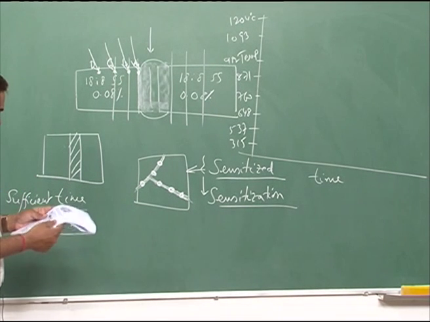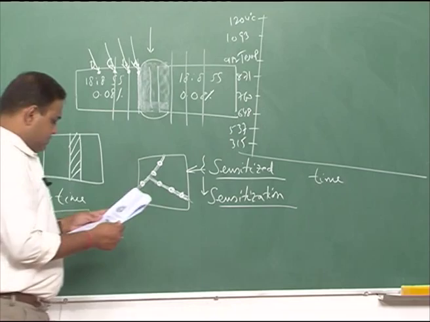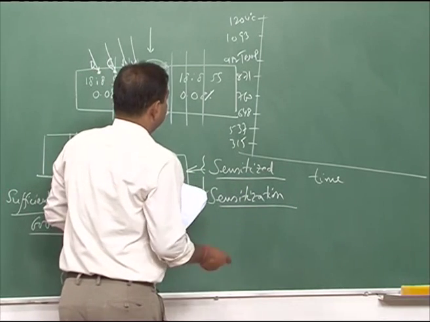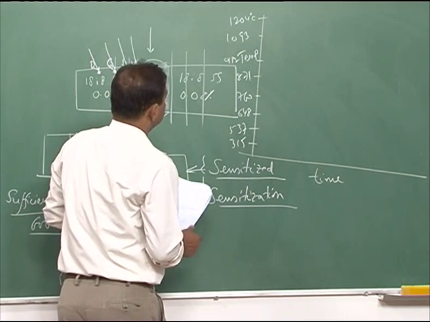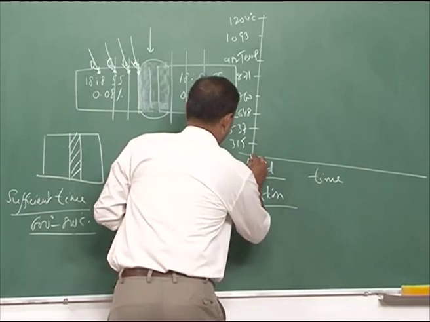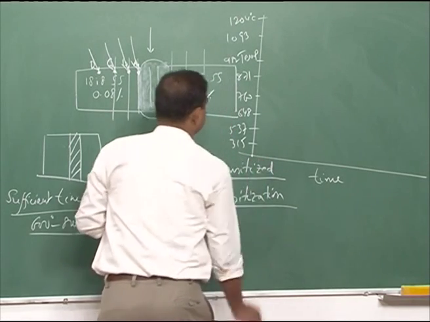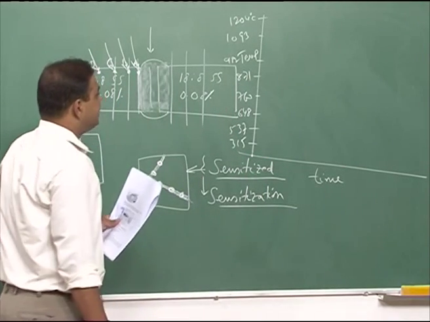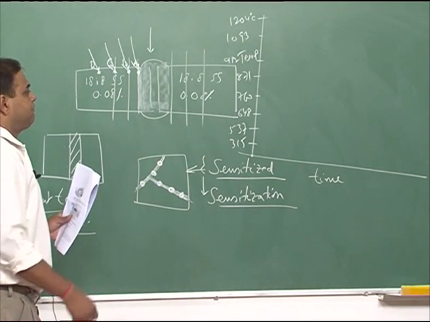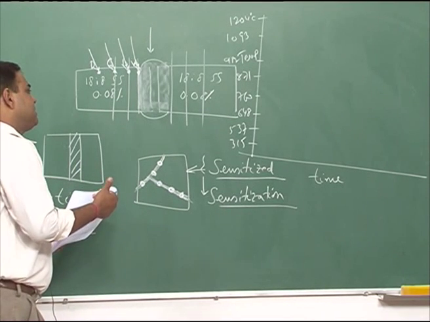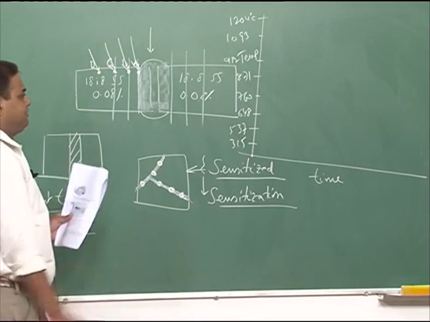Now, when we see the temperature while heating, let us say we are heating from here, and while heating if we employ very rapid heating, generally the temperature increases rapidly.